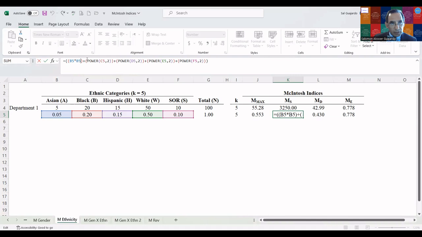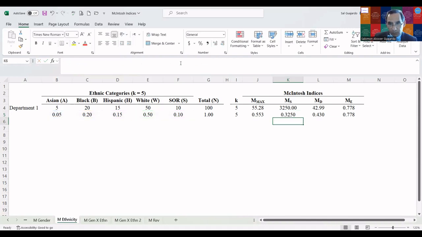So it's going to be parentheses power, parentheses C5, comma 2, and parentheses, so that's 0.20 times 0.20. Then I did that for Hispanics, for whites, and for some other race. So you can use the power function in Excel, or you can just multiply the cell by itself. That'll give you the squared value. So again, that's going to be 0.3250.